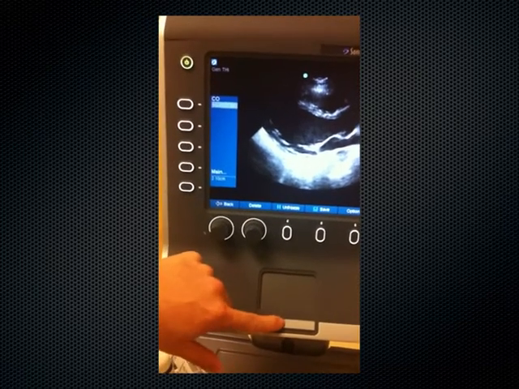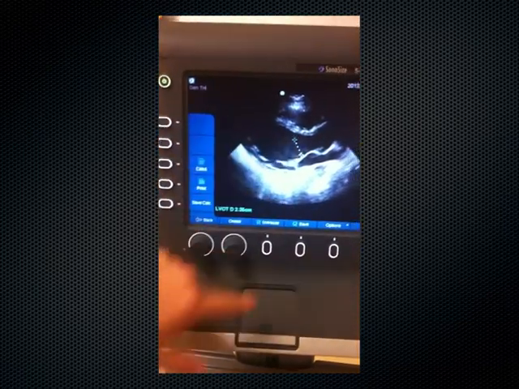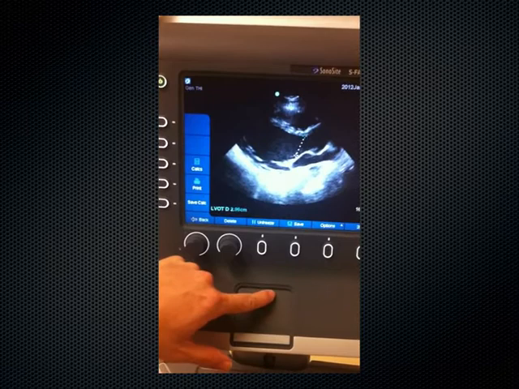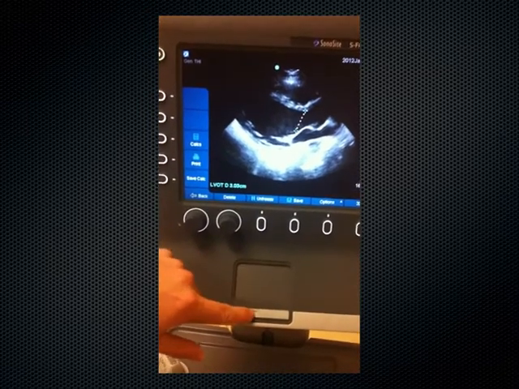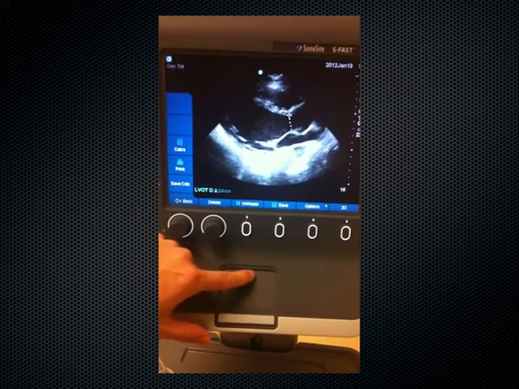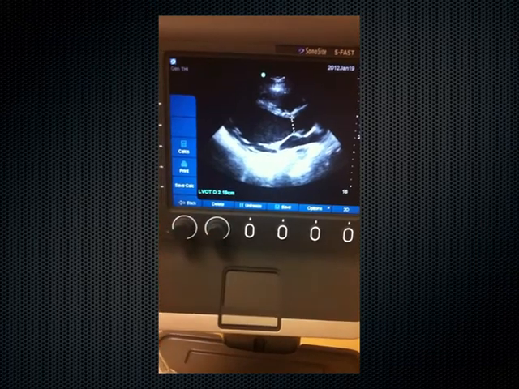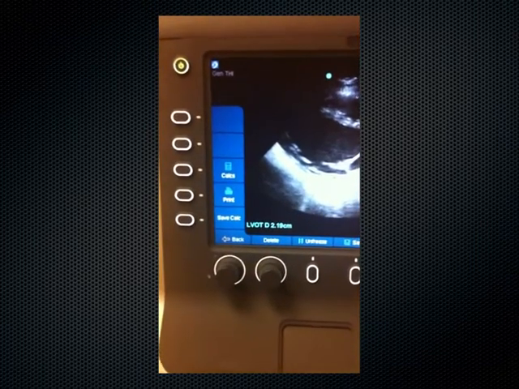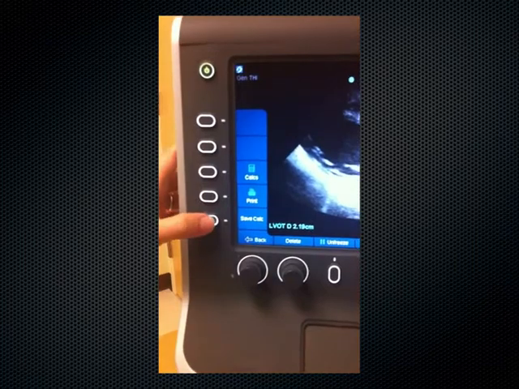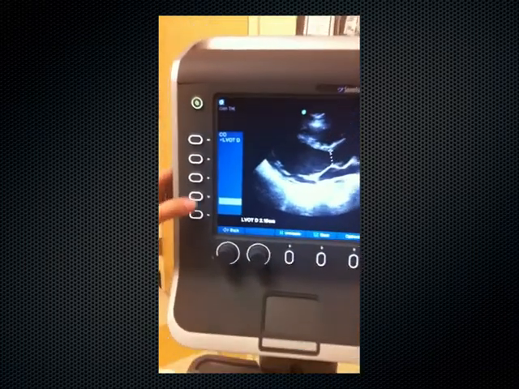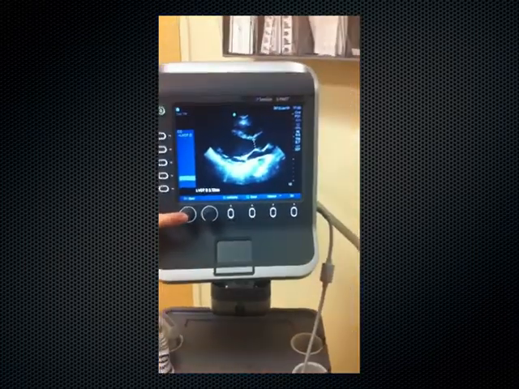Hit LVOT, and it'll give me calipers. I'll put the calipers down right here, and that gives me a diameter of 2.2 centimeters, or 2.19 centimeters. I'm going to save this calculation, and I'll hit the back button right here.